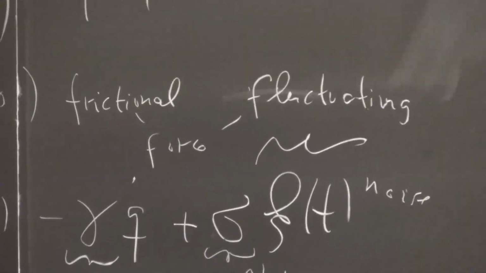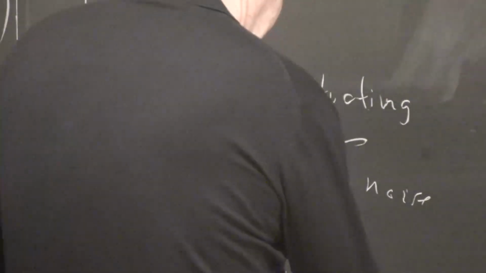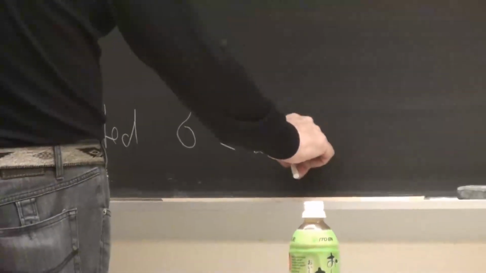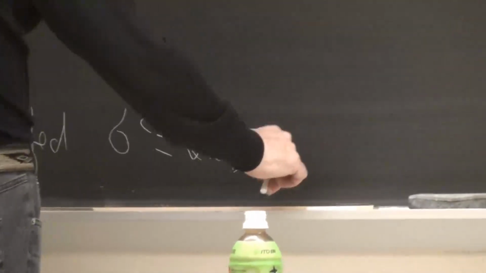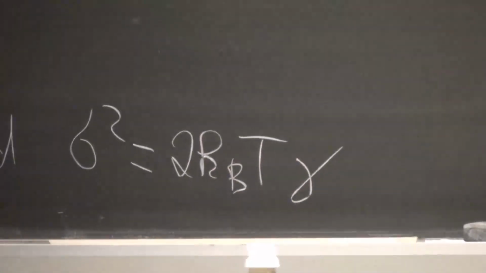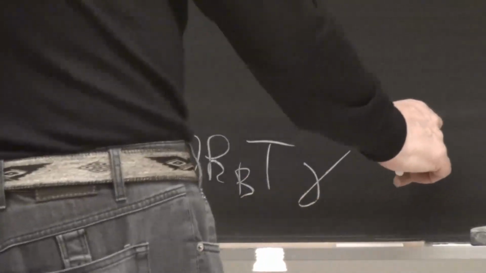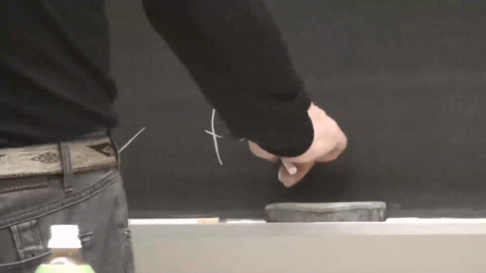And they're related to each other by an identity which reads as follows: 2 kB T, the Boltzmann constant times temperature times gamma. So you see that you really have not two independent parameters characterizing the randomness, but only one, because of this relationship. This relationship is very deep. It is called the fluctuation dissipation theorem.